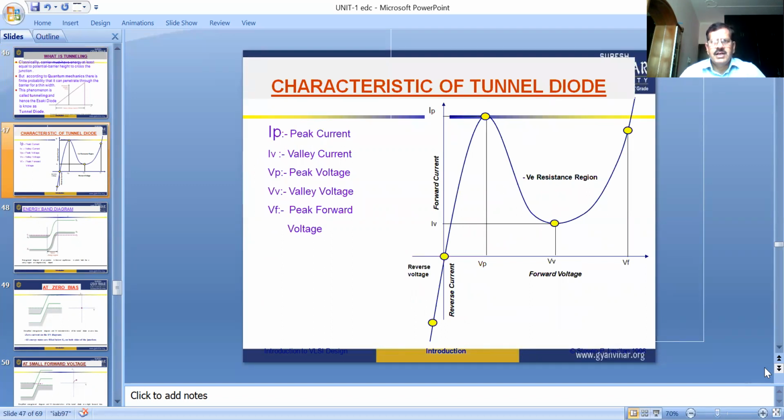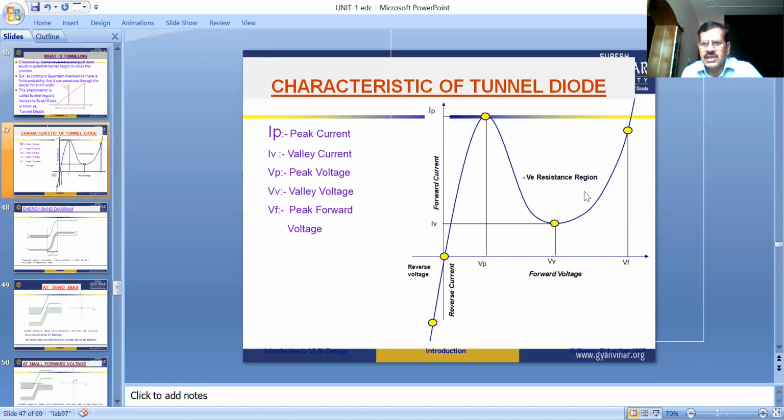Here we see the characteristics of the tunnel diode. We draw the graph between forward current versus forward voltage. The graph is as shown in this figure, and there are some points on the graph. Here is the negative resistance region.